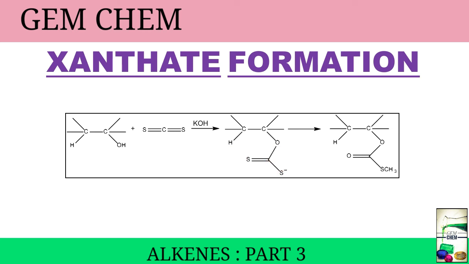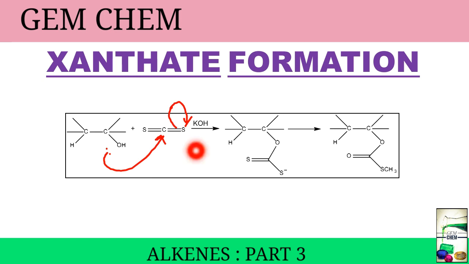And what is the mechanism? Let me draw it. Now see, this is the mechanism. This O attacks this carbon, this double bond opens up and this hydrogen is then eliminated.